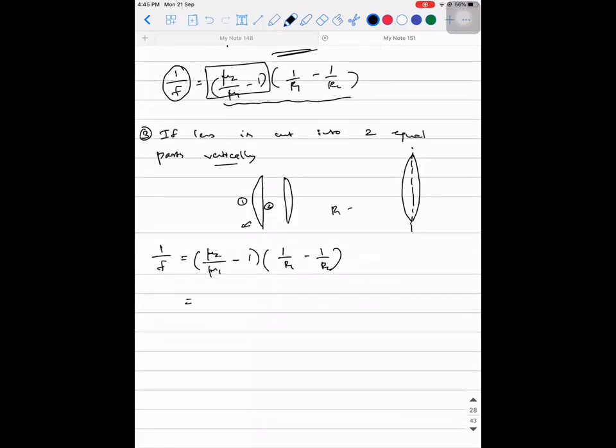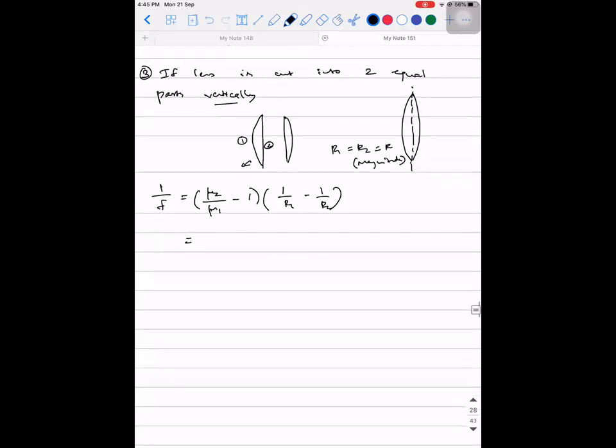So if I take r1 equal to r2 equal to r in terms of magnitude, then 1 by f will be equal to mu2 divided by mu1 minus 1 into 1 by, for this first surface, what will be the value of r1? It is r. Minus 1 by r2 is how much?